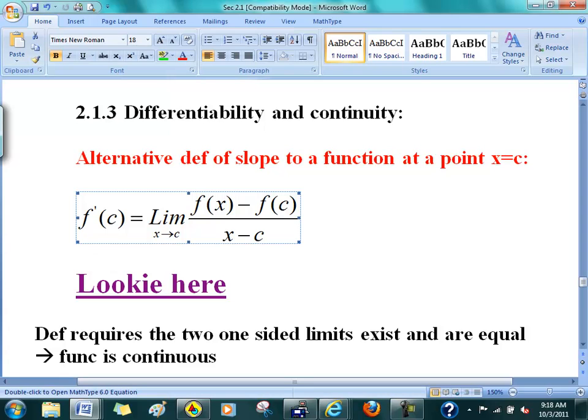So f prime of c now, not f prime of x, but f prime of c. In other words, it's the derivative at a particular point.